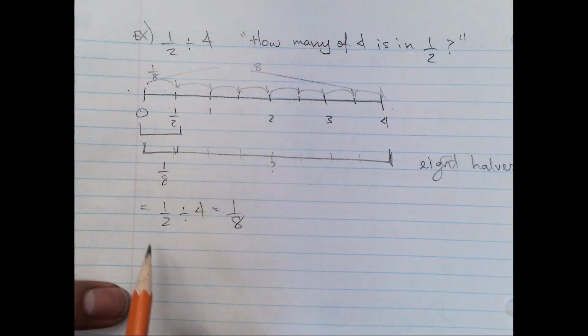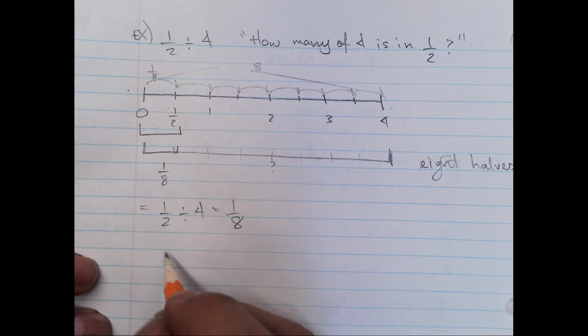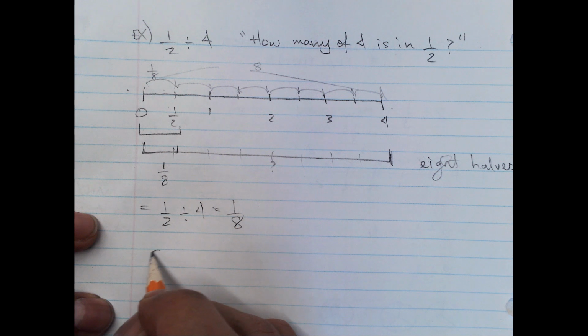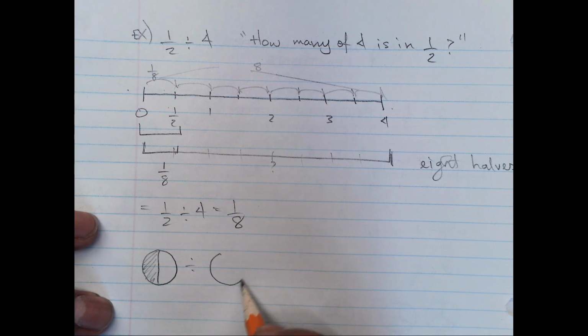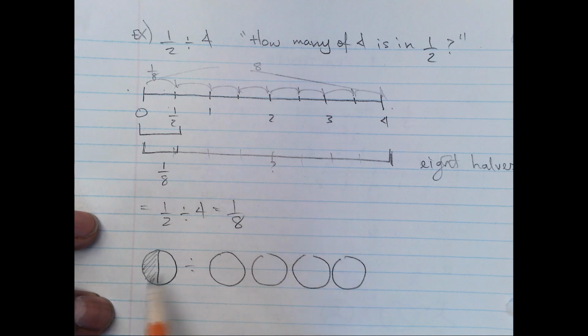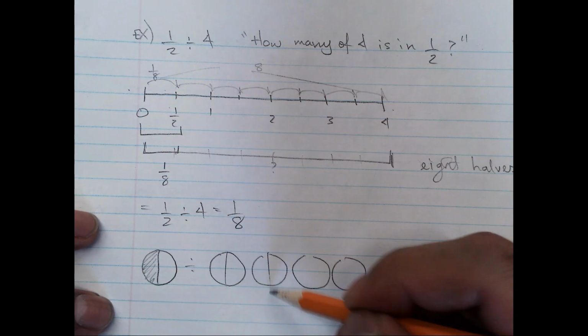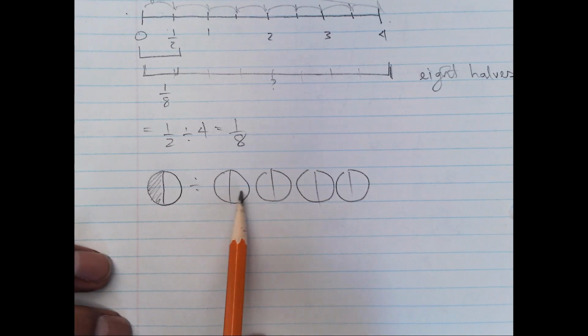Okay? And again, there's another way for me to be able to illustrate this. Let's say, here's my 1/2. And it's asking me how much of this 4 can fit in there. Well, again, I'd have to make them look the same. As you can see, in this circle example, you can actually see how many halves we have.